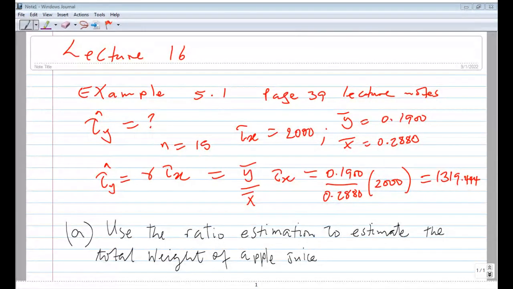On the lecture notes, they just say use ratio estimate to estimate the total weight. So it's not the total weight, it's the total weight of apple juice, or you can use total sugar content. It's the same thing.